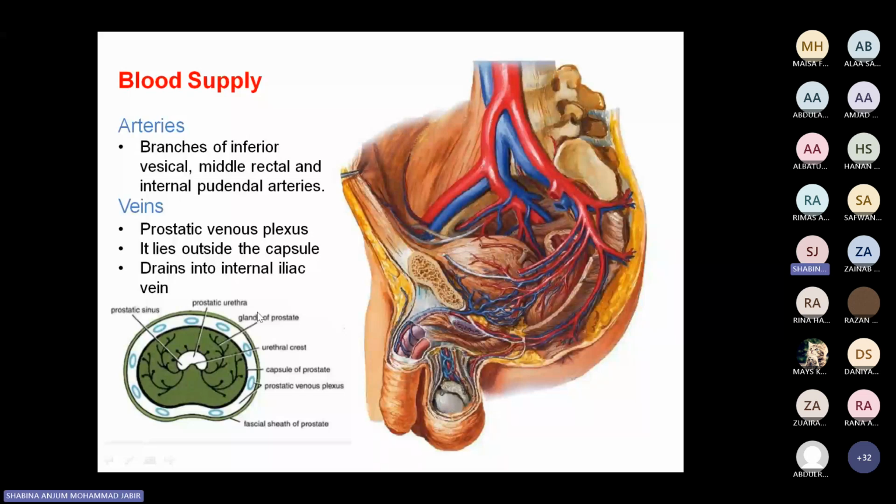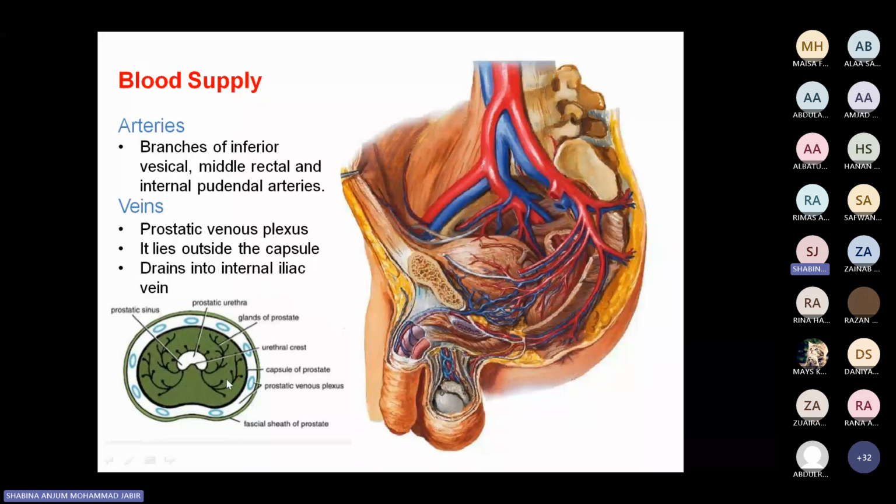Then what is important about the veins? We have the prostatic venous plexus. It lies outside the capsule, so this is the capsule, and it will drain into the internal iliac veins. This is very important to know because in today's case you saw that there is hypertrophy of the prostate.